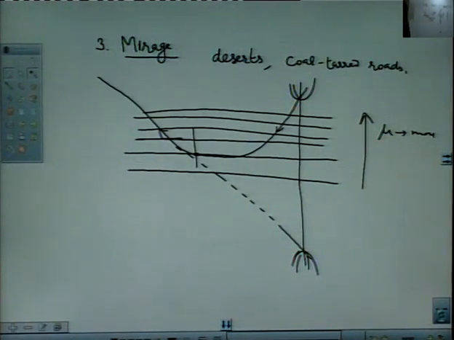For a distant traveler, it appears that there will be some water, but when he comes near to the tree, there is no water. It is only an optical illusion.